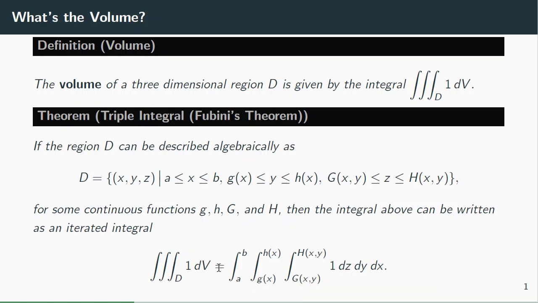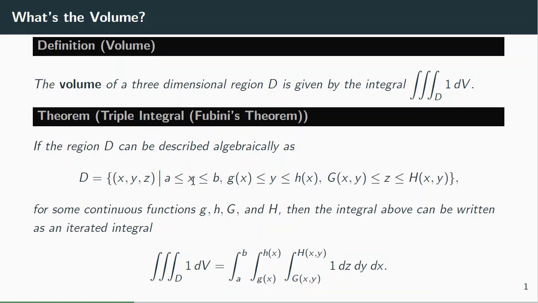In rectangular coordinates, dV, the small patch of volume, gets written as dz dy dx. Of course, that's a small cube, or rather a small rectangular prism of volume. In this case, we can describe the region algebraically, saying the x's always go between a and b.